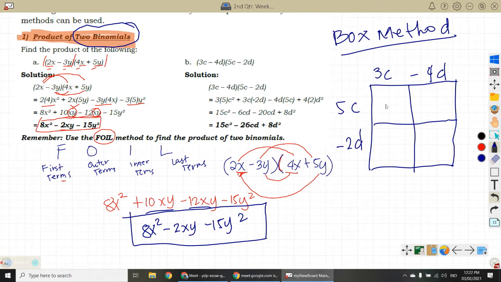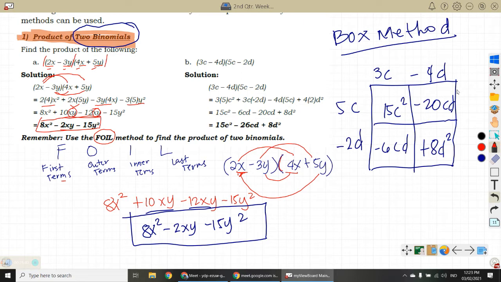3c times 5c, this becomes 15c squared. Next, 5c times negative 4, this is negative 20cd. Okay? This one is 3c times negative 2, negative 6cd. And then the last one, negative 2 times negative 4 is the positive 8d squared. So let us answer.